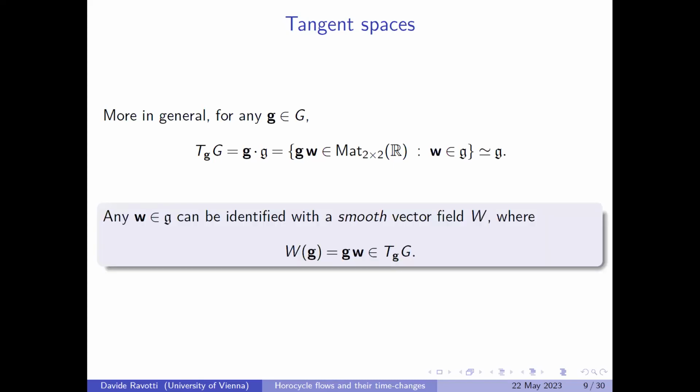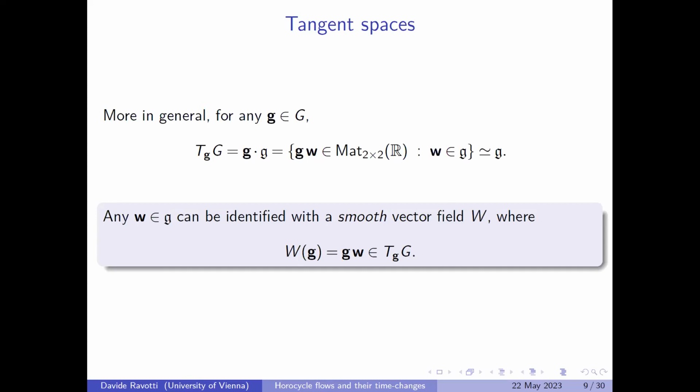So this means that every time you fix an element W in little g, you can think of this object here as a vector field on the whole group. The value of the vector field at the point G is the associated tangent vector at G, being G times W. This is an important point.